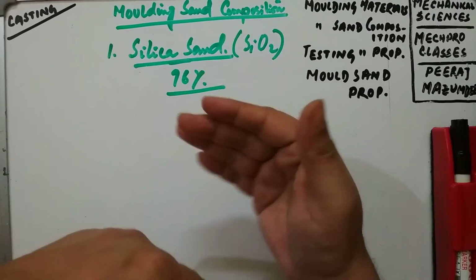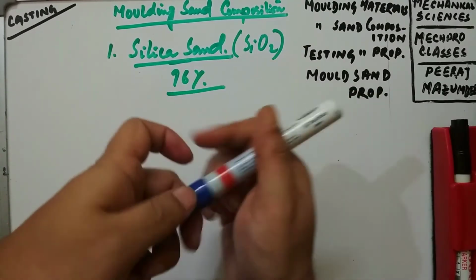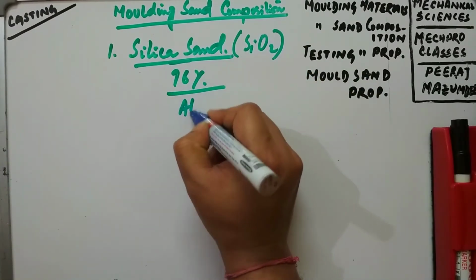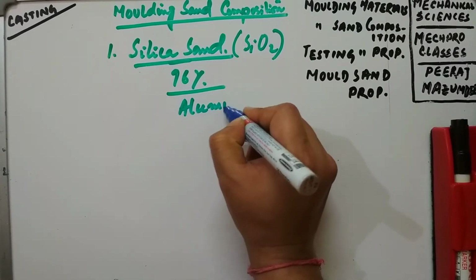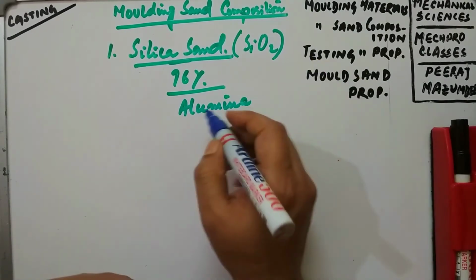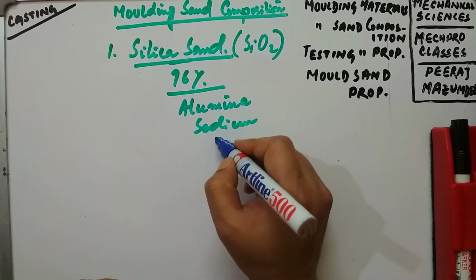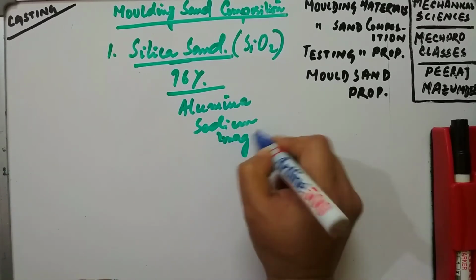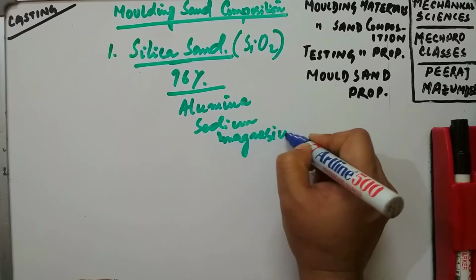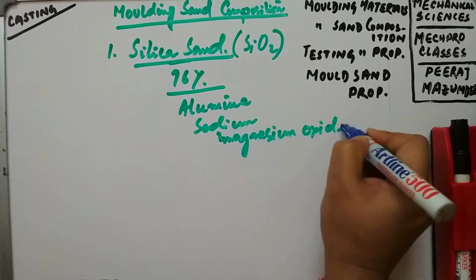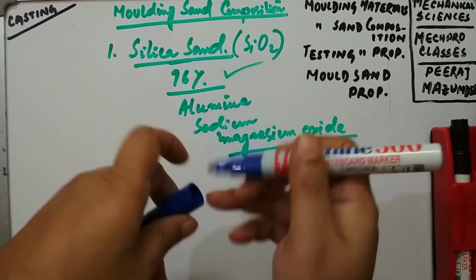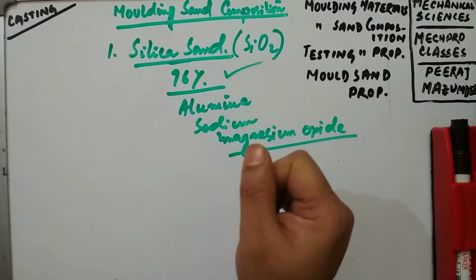The rest are oxides, such as alumina, which you already know, and sodium oxide, and magnesium oxide also. They are present in small amounts, but mainly it is silica sand. That is the main composition of the molding sand.